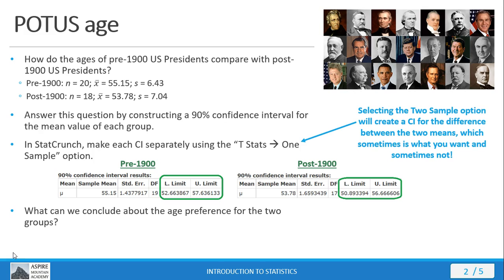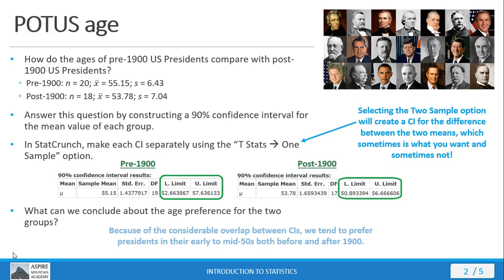Well, what say you? Well, these two confidence limits are almost entirely overlapping. Okay, so because of that considerable overlap, we tend to prefer presidents in the early to mid 50s, both before and after 1900. It's pretty much the same.